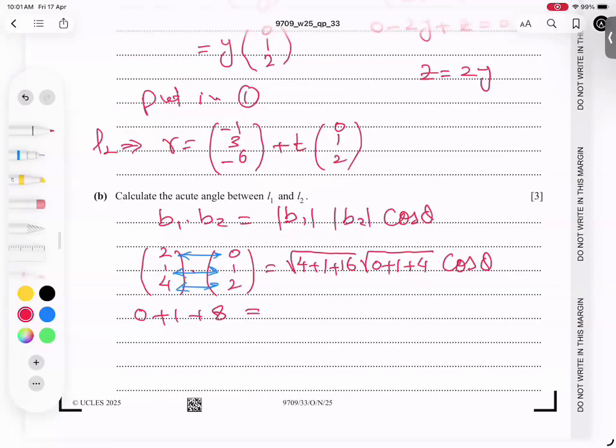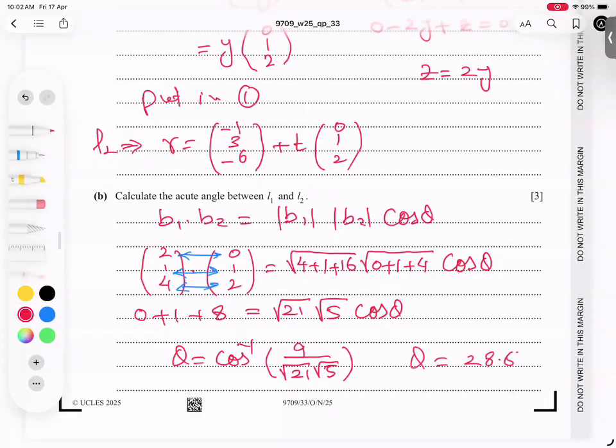And here I got root 21 and root 5. So if I take cos inverse of 9 divided by root 21 into root 5, and type this in the calculator, let me check. The angle is coming out in degree mode as 28.6 degrees.